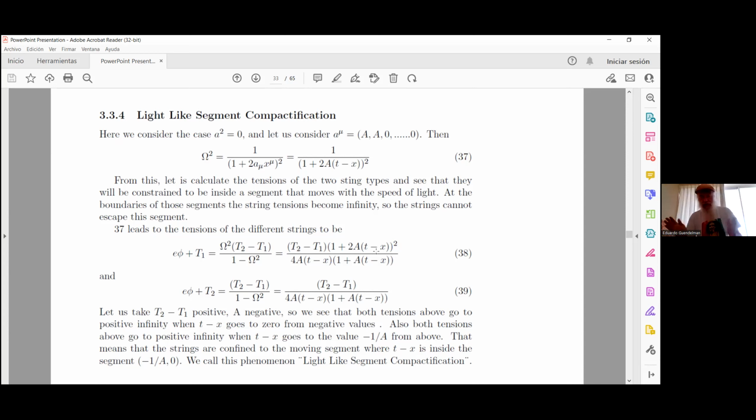These two surfaces go with the speed of light, and between them the strings are constrained because the tension between these two points is positive. So this is like you are generating a brane, only it is a brane that moves with the speed of light. We call this light segment compactification.